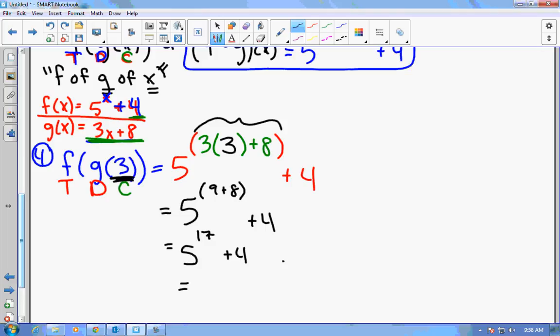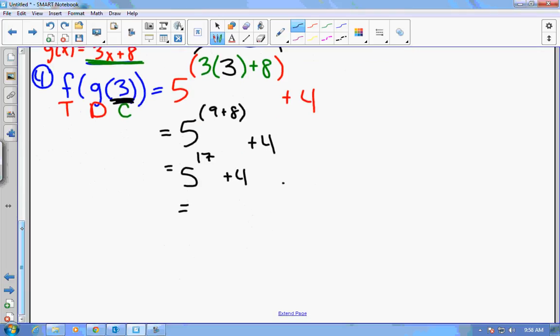Then we do exponents. 5 to the 17th power, that's going to be monstrous. Does your calculator even handle that one? Ooh, this is a good thing. 7 point, read all those numbers, please. What was after the 6? 2, 9, 3, 9, 4, 5, 3, times 10 to the 11th power.